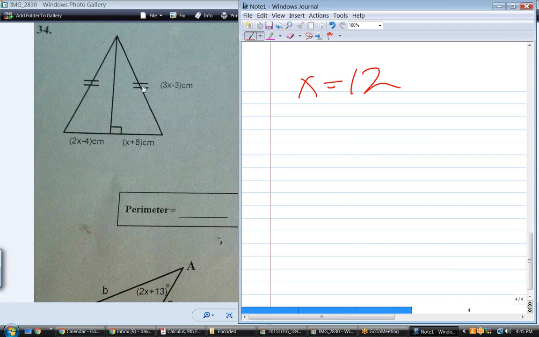So what is this side equal to? Wouldn't you plug in 12 for x? In other words, they're telling us that that side is 3x minus 3. So you do 3 times 12 minus 3? Correct. That's 33. What's this other side?